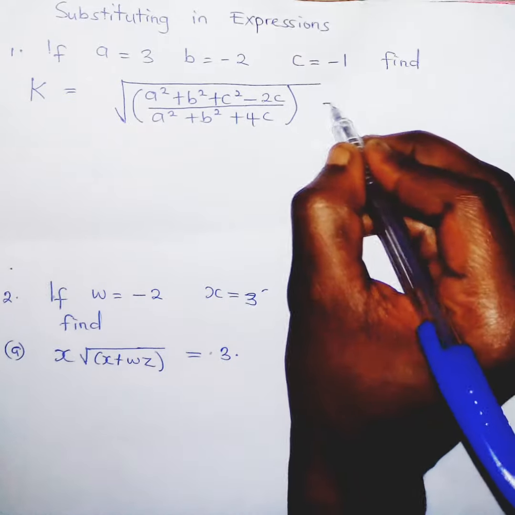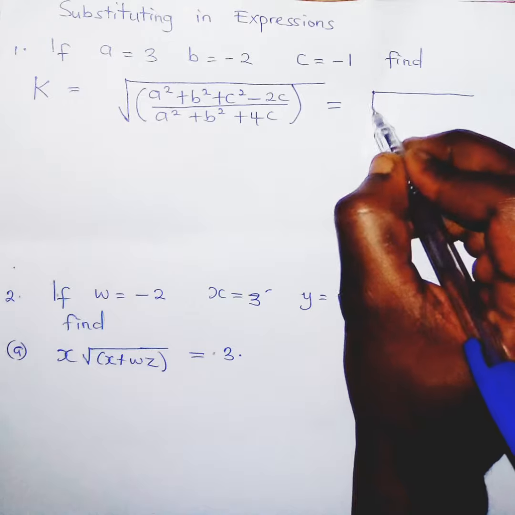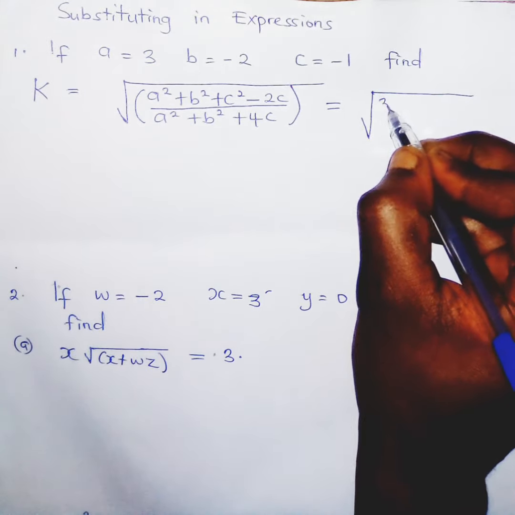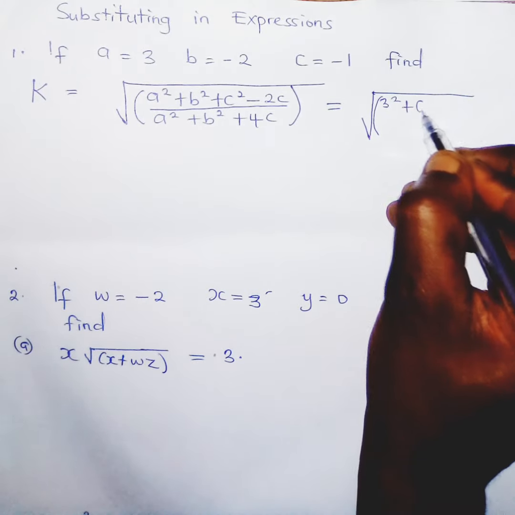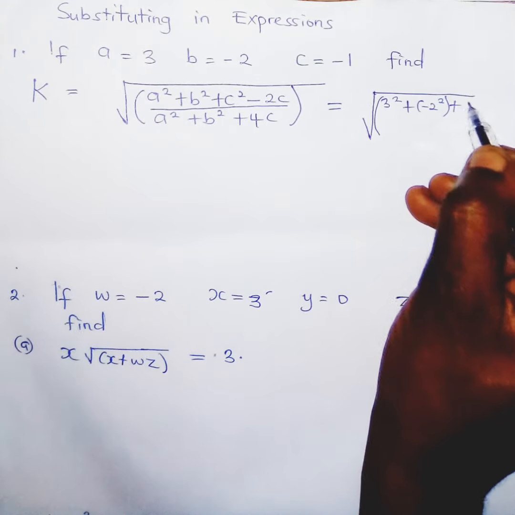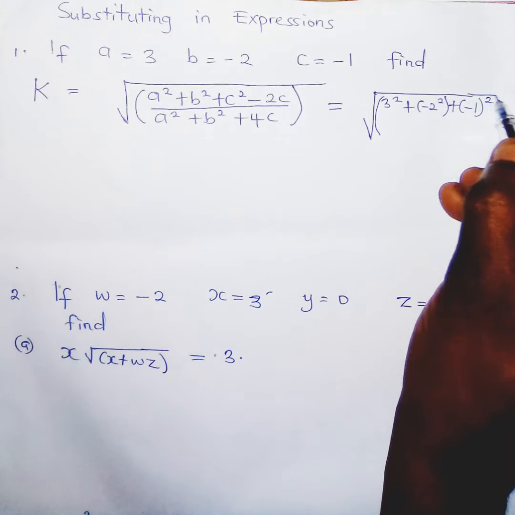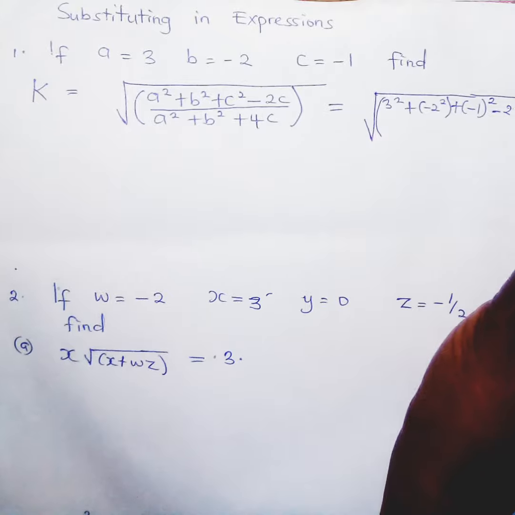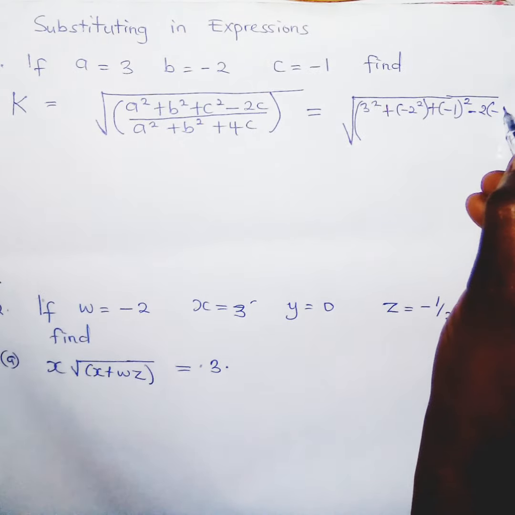So let's go. This will be equal to square root of 3 square. Remember to always put your bracket, plus minus 2 square, plus minus 1 square, minus 2 times minus 1.